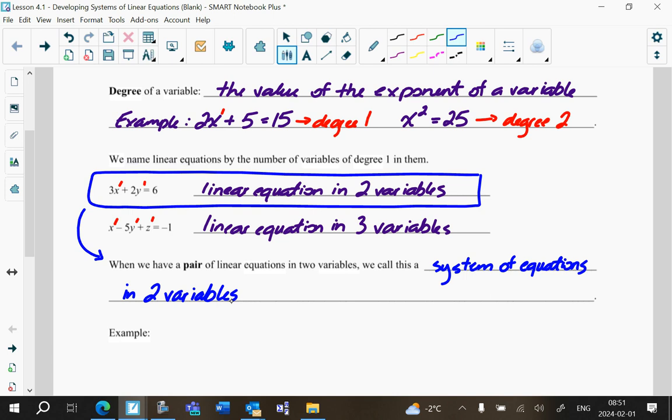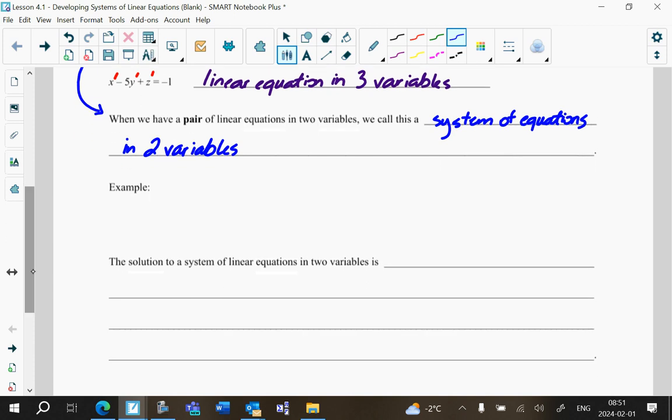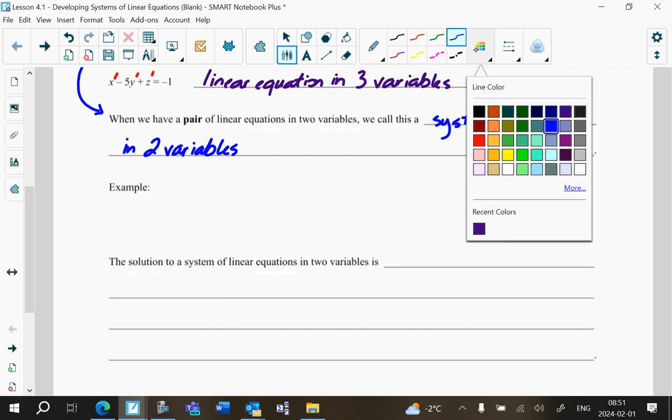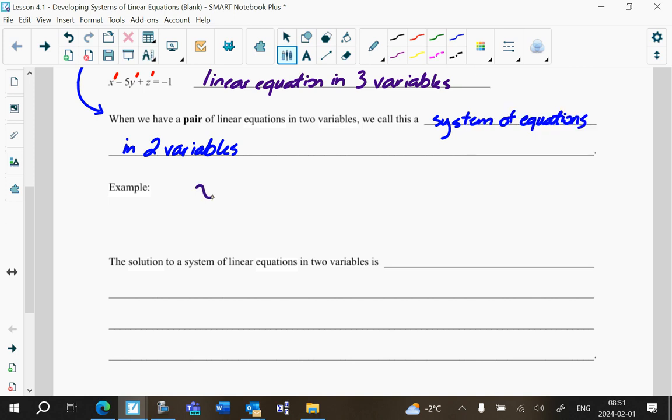So I'll just give you a different example. Let's say we have x plus y is equal to 10, but I'm going to change the second one a little bit: 2x minus 2y is equal to 4.